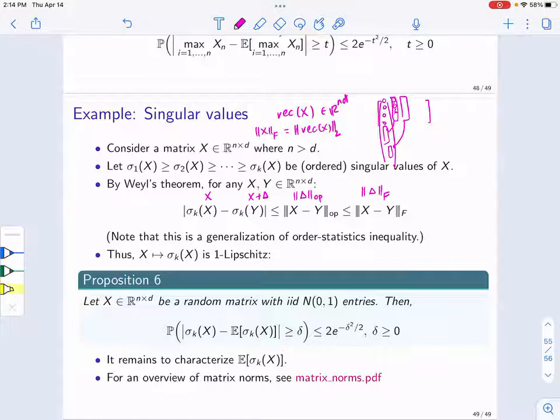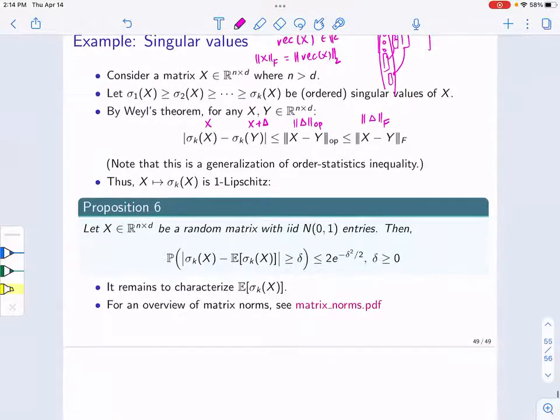What it's saying is that this map is 1-Lipschitz in the right norm that we care about for Gaussians. So if that's the case, then if X is a random matrix with entries that are iid standard Gaussian, this is basically a giant iid standard Gaussian vector.